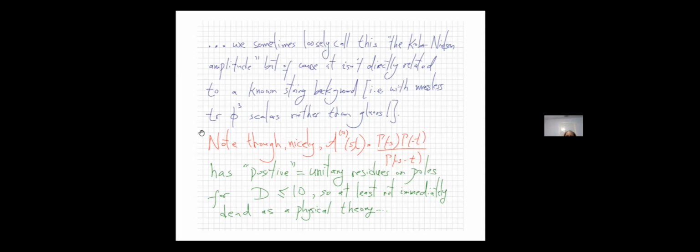One small comment I'll make that probably many people have observed is that despite the fact that we don't know a known string background that goes along with this theory, if we just compute the tree amplitude even at 4 points, we know there's an important check we can do on these amplitudes that's quite miraculously satisfied in string theory, that when we think about the poles of the amplitude, the massive poles, they have to have an appropriate positivity property to be interpretable as producing these massive high spin particles with positive probability.